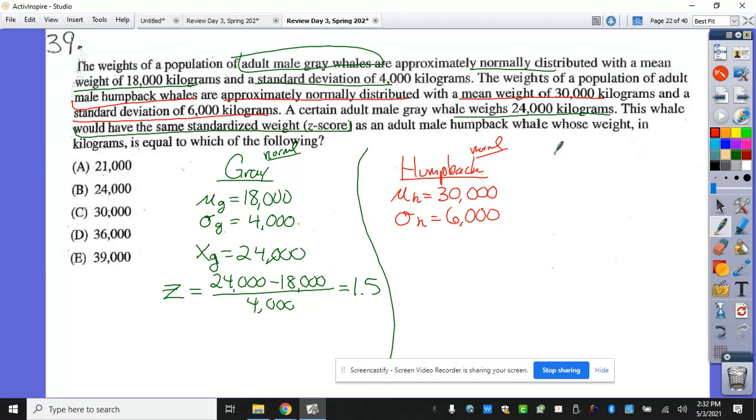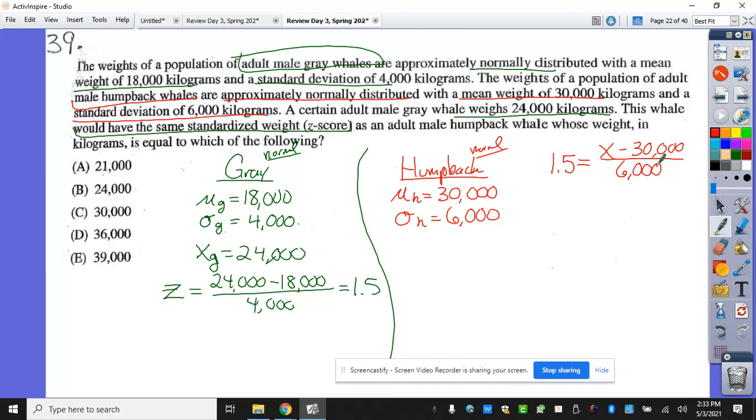So now I'm starting with my z equals 1.5 and solving for x with a mean of 30,000 and a standard deviation of 6,000. So 6,000 times 1.5 gives me what?